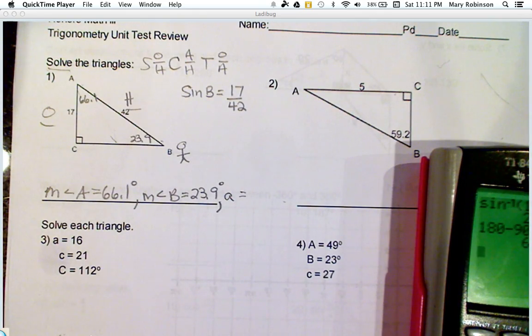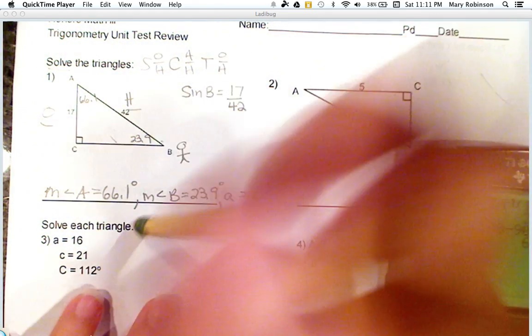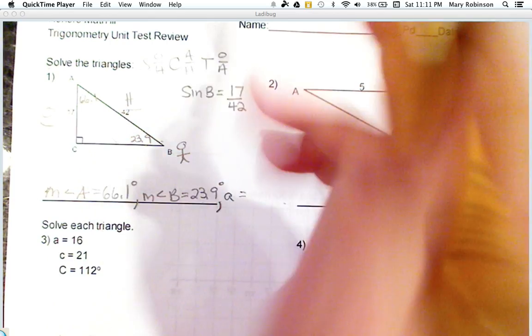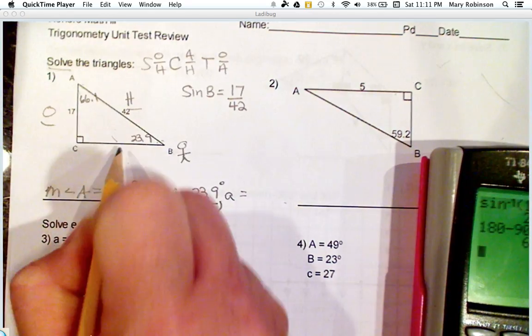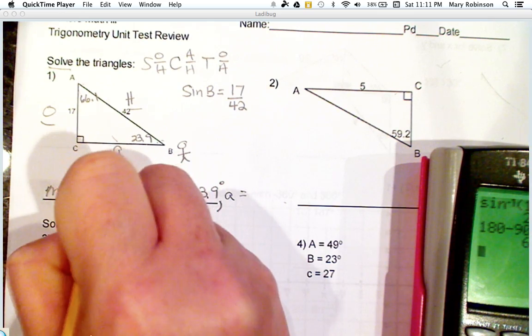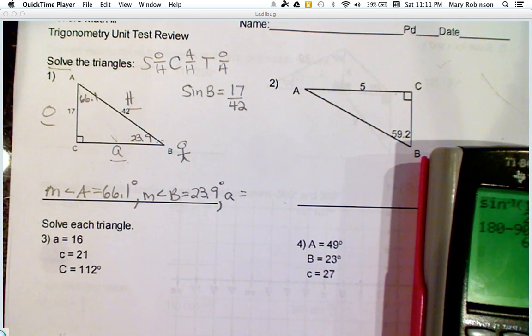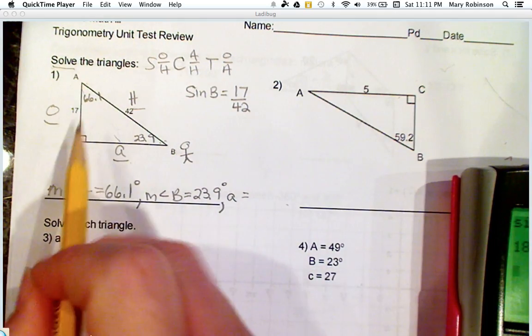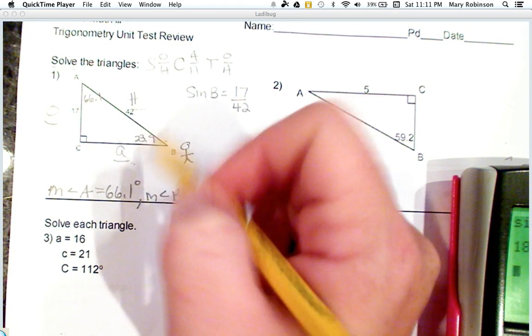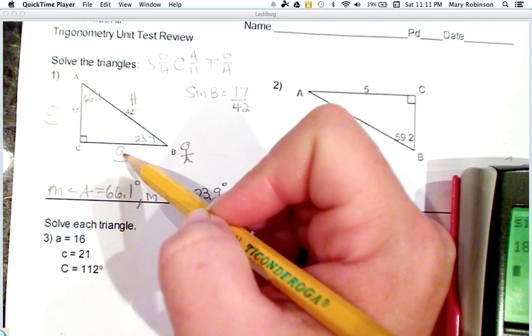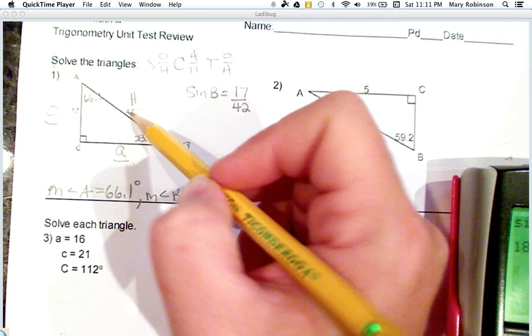Now we need to find side A. You can think about using this angle measure and the fact that this side is the adjacent side. That's one way to go about it. You may have set up a different ratio if you had started with angle A, and that would be fine. To solve for side A, I can use either tangent or the hypotenuse.